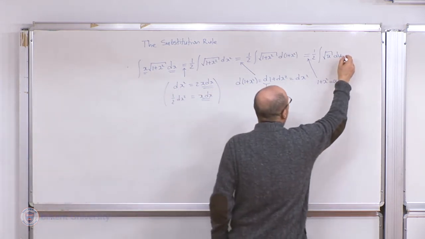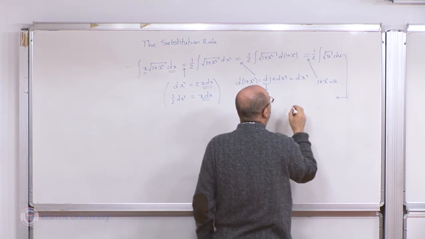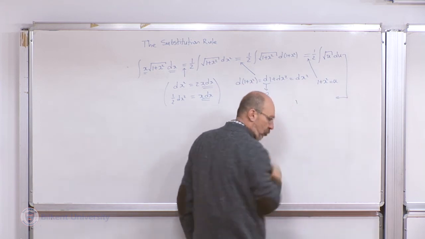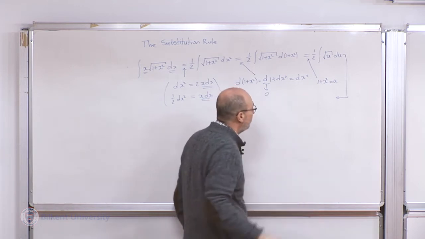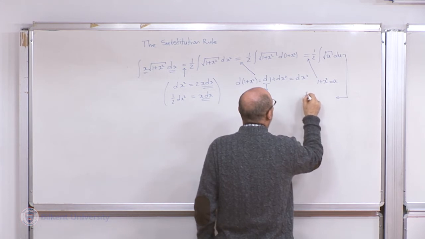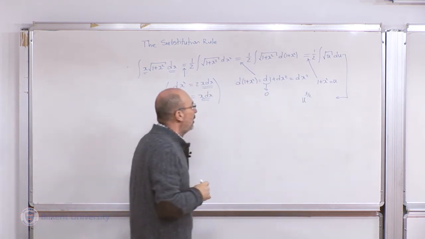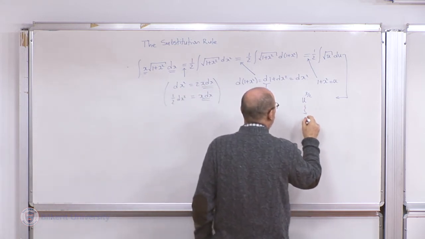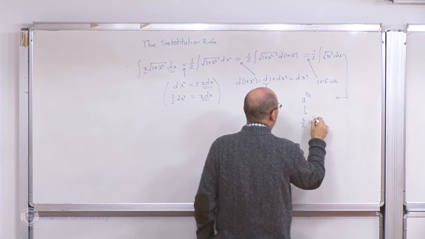Okay, so from here, let's go here. If I take u to the power 3 over 2, okay, so I try it like this. If I take its derivative, I'll have 3 over 2 u to the 1 over 2.